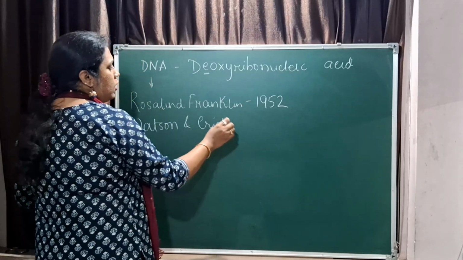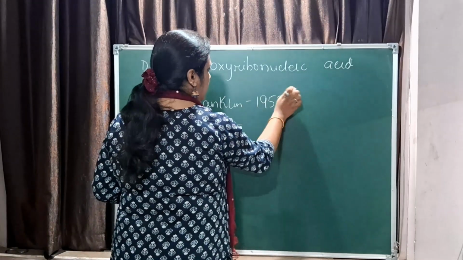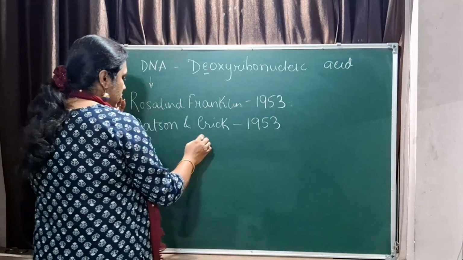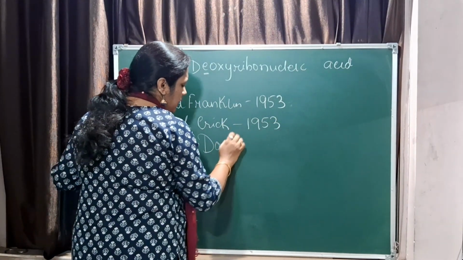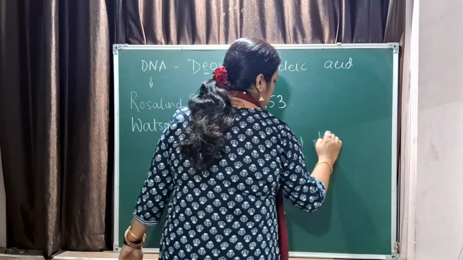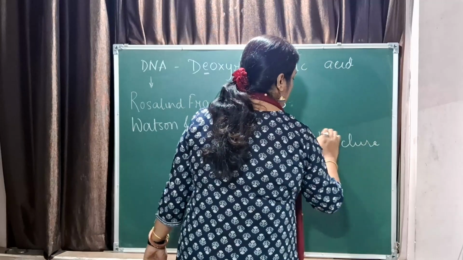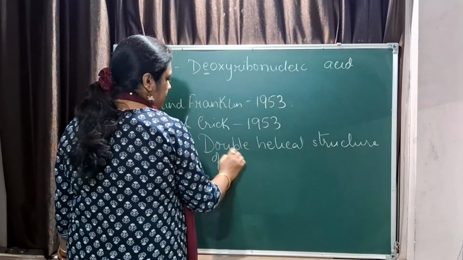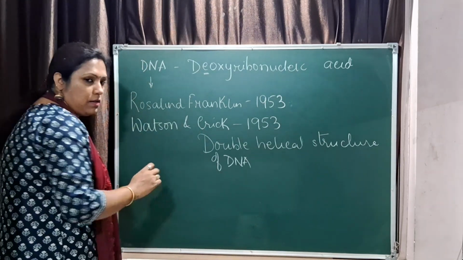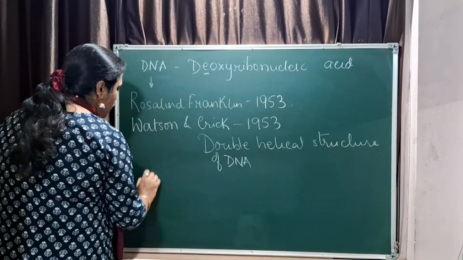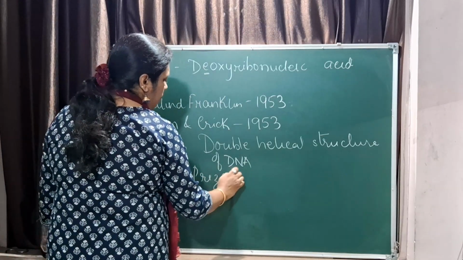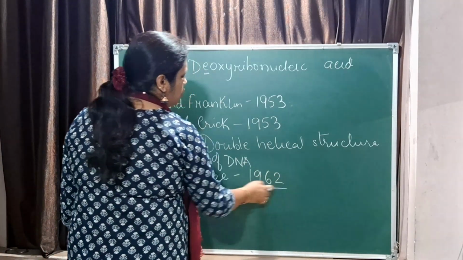gave the model of DNA in the same year 1953. In the same year 1953, and that model was the double helical structure of DNA. Okay. Now for this he prepared a research paper and he got a Nobel Prize in the year 1962.